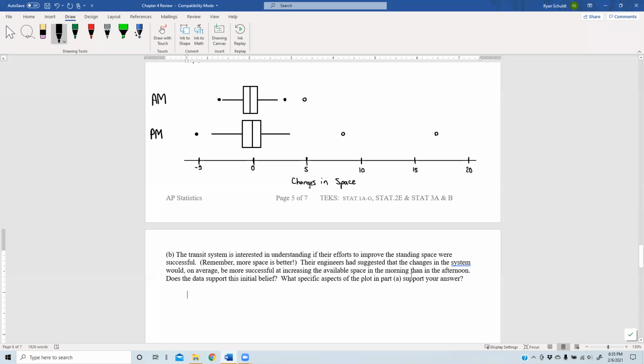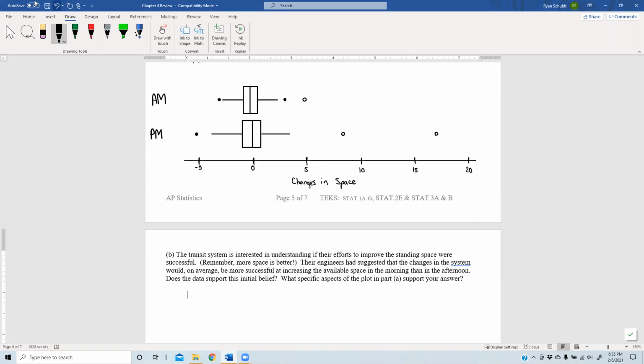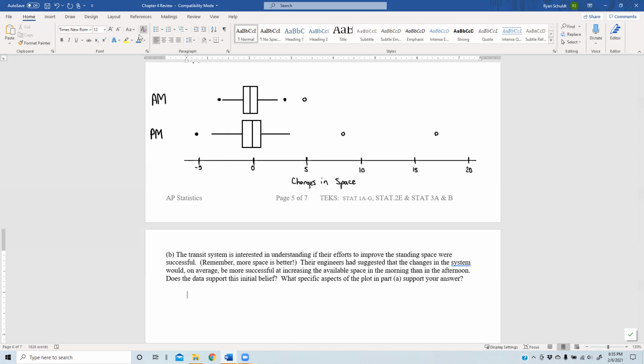I mean, the engineers suggested that changes in the system would be more successful at increasing the space in the morning than in the afternoon. In the morning, we actually decreased the space more than what we did in the afternoon. So not only did it not work better in the morning, it actually was worse in the morning than in the afternoon. So let's put that into a paragraph that would explain our answer.